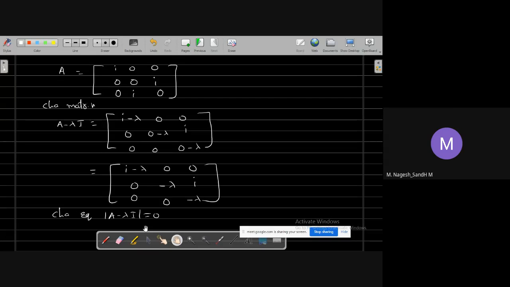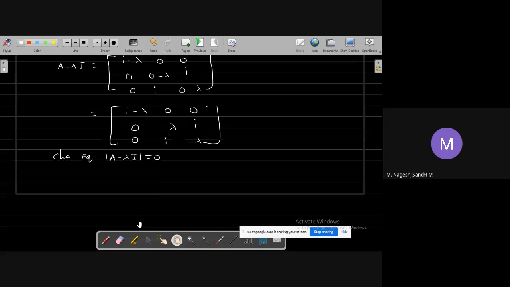Okay, sorry, this is 0, i, no? Otherwise our answer will go wrong. i minus lambda, 0, 0; 0, minus lambda, i; 0, i, minus lambda.